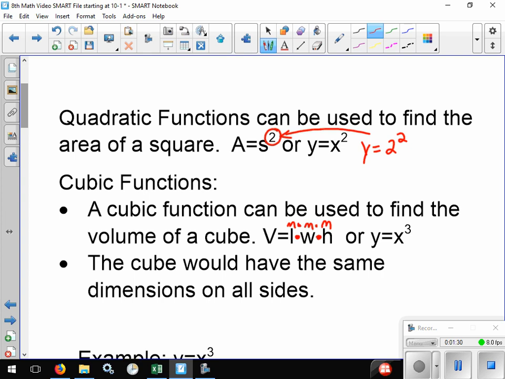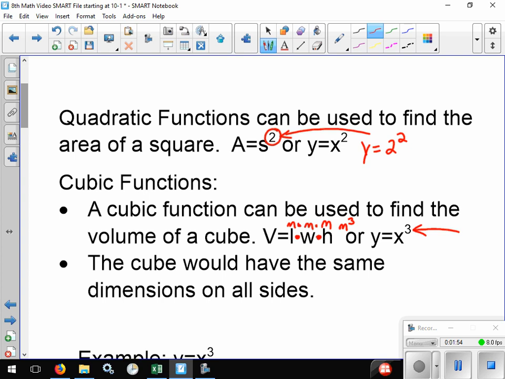Or feet times feet times feet, or miles times miles miles, or what have you. Well, that's really meters cubed. So you'll get y equals x cubed. So a cubic function has something to the x cubed, okay?